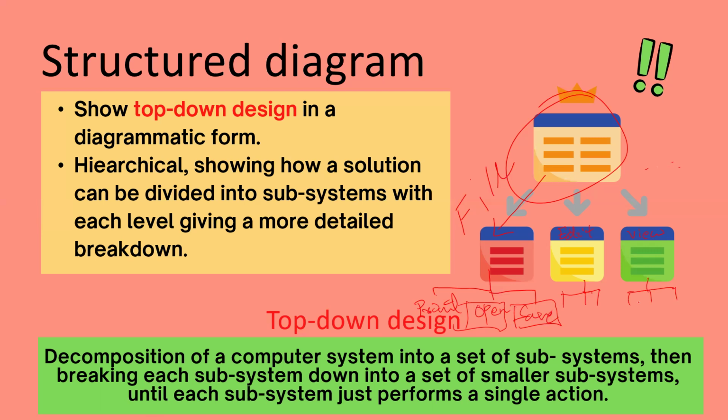And in the green area, it is already written that we decompose our computer system into a set of subsystems, then break each subsystem down into a set of smaller subsystems until each subsystem just performs a single action. So this means basically that we are chopping it down into pieces and pieces and pieces till we are going to resolve a certain issue.